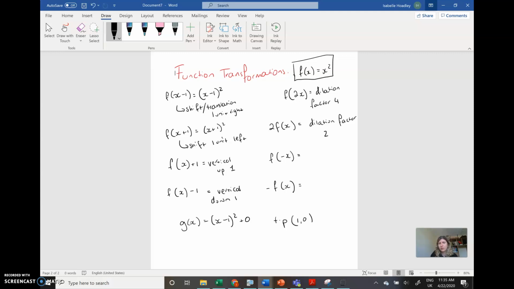I'm just calling it factor 4, factor 2. What you might see is this is a dilation in the x, or a horizontal dilation. This is a dilation in the y, or a vertical dilation. Okay, this one is a reflection about the y-axis. And this one is a reflection about the x-axis.